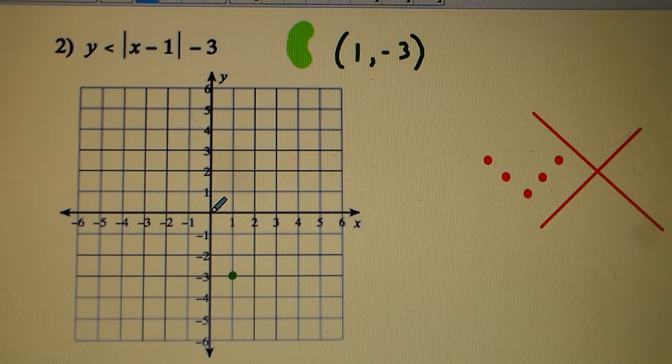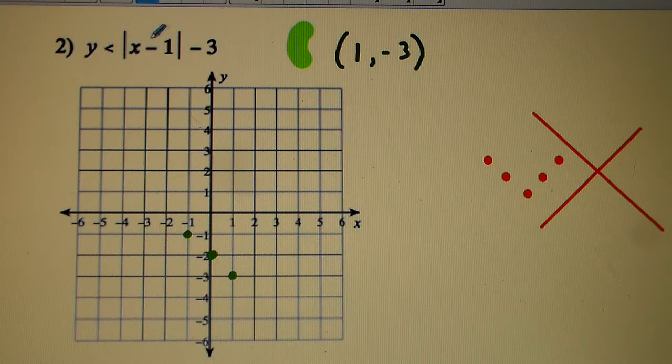When we plug in 0, we're going to find out what our result is. So 0 minus 1 is negative 1. The absolute value is 1. 1 minus 3 is negative 2. When we plug in negative 1, negative 1 minus 1 is negative 2. The absolute value of negative 2 is 2. 2 minus 3 gets you negative 1. So negative 1, negative 1.